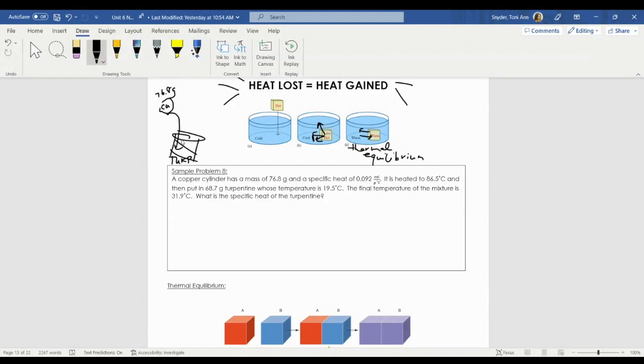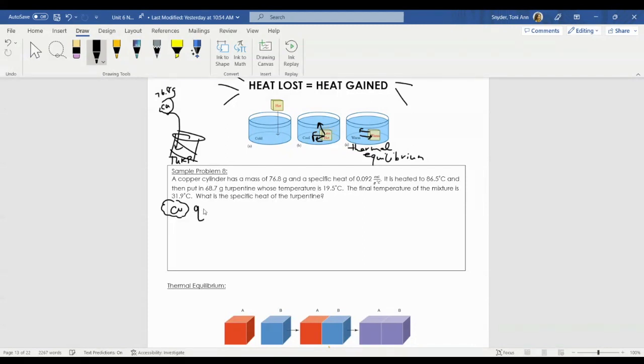What we can do first is figure out how much energy the copper lost. I know a lot more information for the copper than I do for the turpentine, so I could use Q equals m c delta T here.